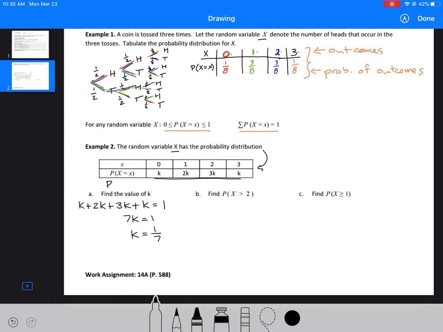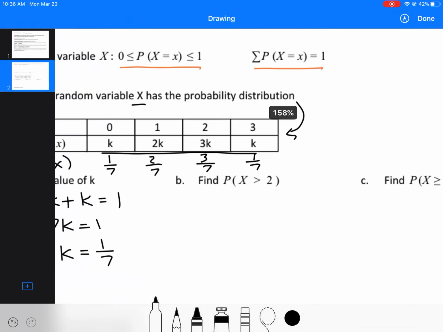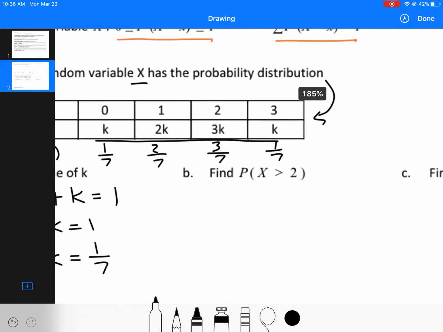Great. Let's fill in the row because I'm going to need it for the other questions. So my new row looks like this: 1/7, 2/7, 3/7, 1/7.